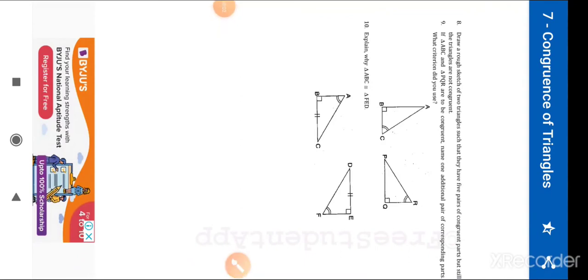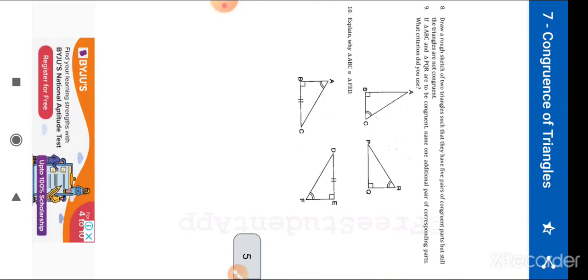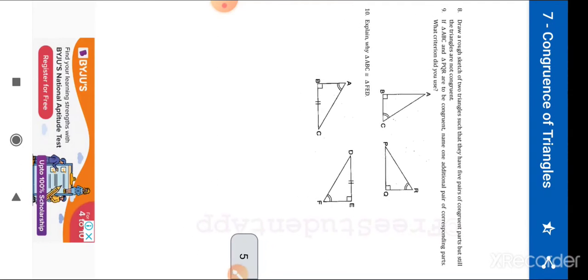Ninth question is, if triangle ABC and triangle PQR are to be congruent, name the additional pair of corresponding parts. Which criteria did you use? So it is clear from the question that angle B and angle Q are equal, and angle C and angle R are equal.